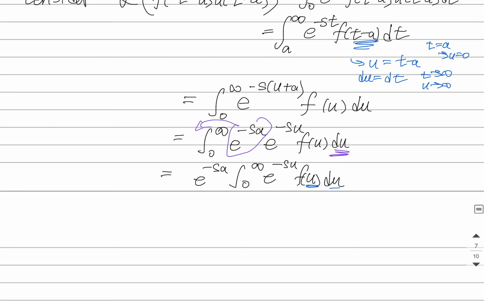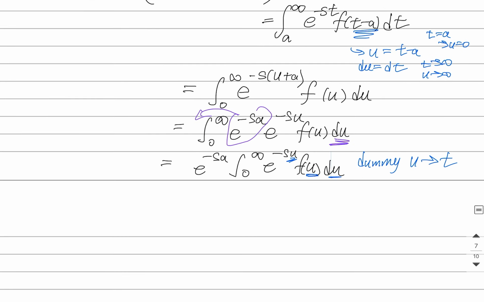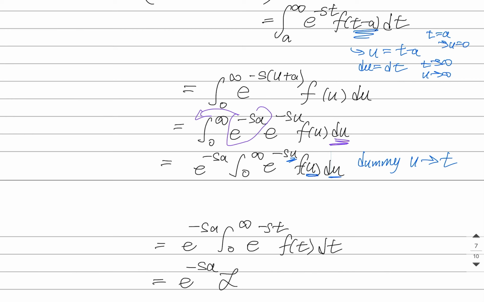This u is really a dummy variable, so if I felt like it, I could use any other dummy variable I want. I'm going to choose t again. Now, it's not the same t as it was before, but it doesn't really matter. So what ends up happening is I get e to the minus sa, and this is the Laplace transform of my function f.